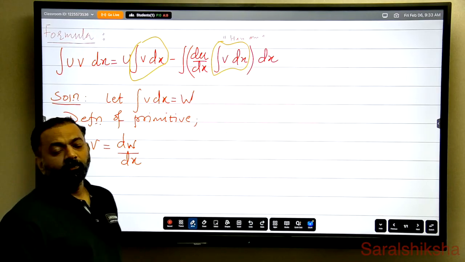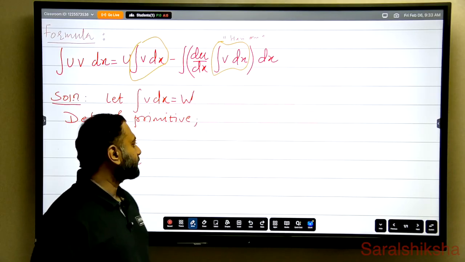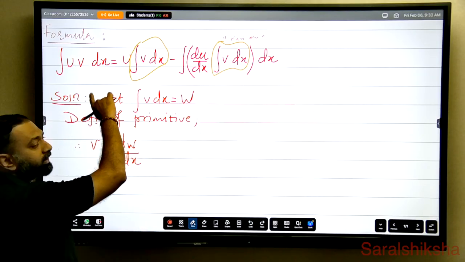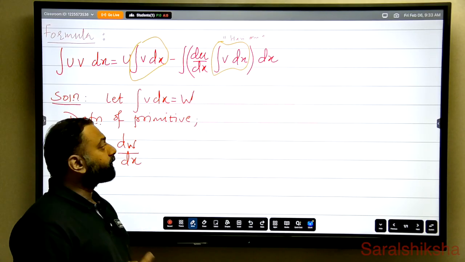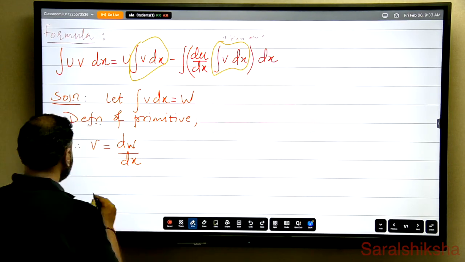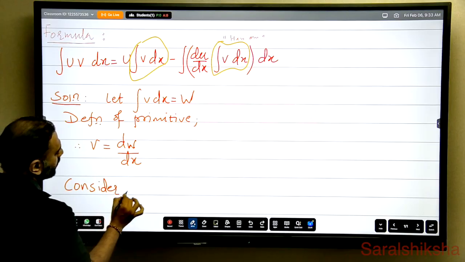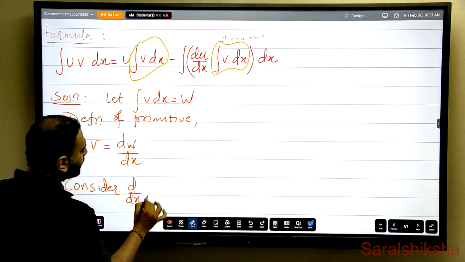Now, any formula which has come from integration will be derived from derivatives. We are doing integration of uv, for which we have to consider the derivative of uv. So consider d by dx of uv.